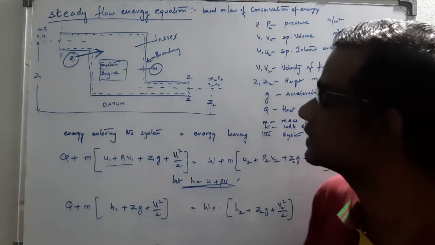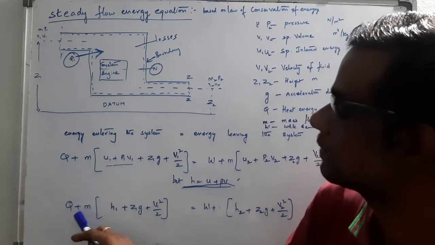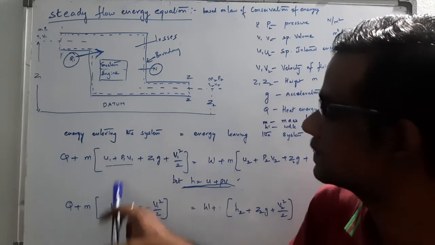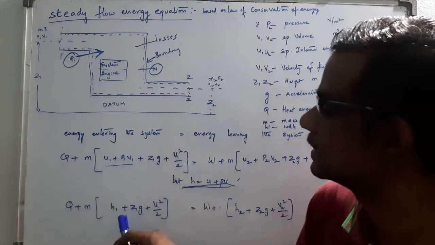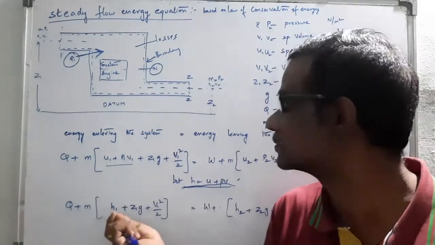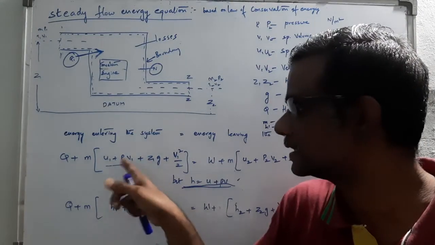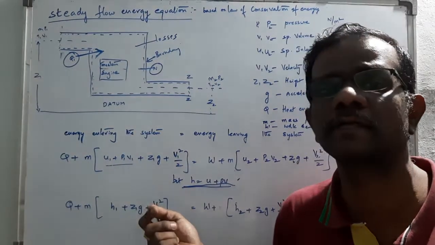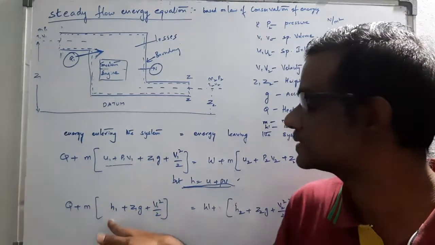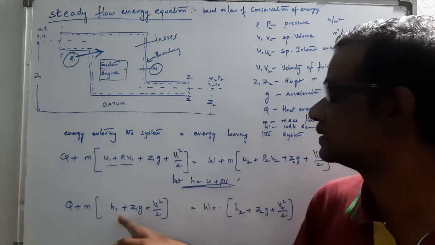So if you combine this, you can write Q plus m times, within brackets, h1. Instead of u1 plus p1v1, I wrote h1. If enthalpy is given to you, you can write this equation. If internal energy and pressure and volume are given in problems, you are supposed to use the other equation. Don't confuse. h1 stands for enthalpy, and enthalpy is equal to u plus pv.